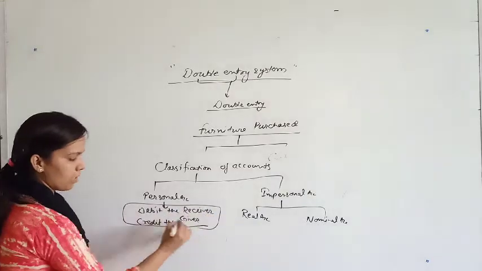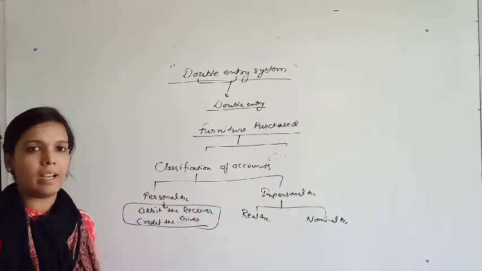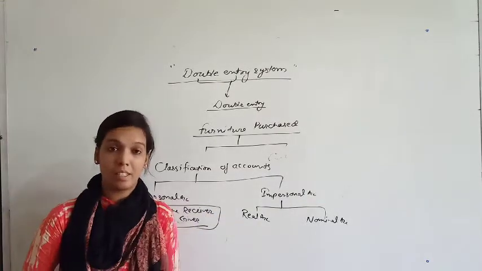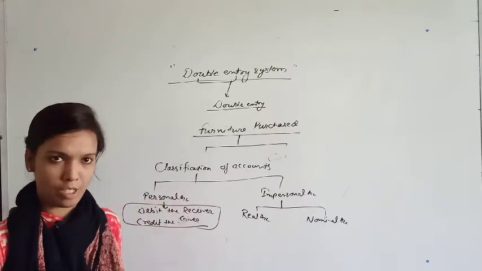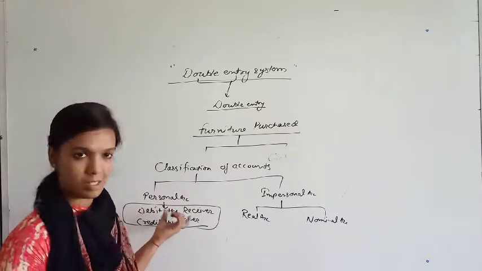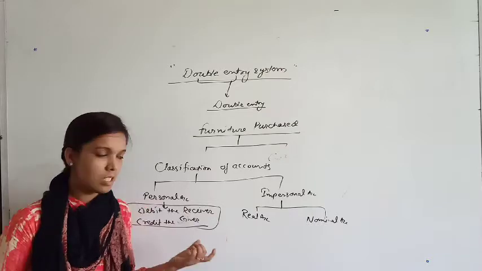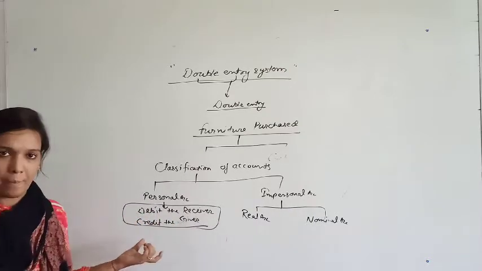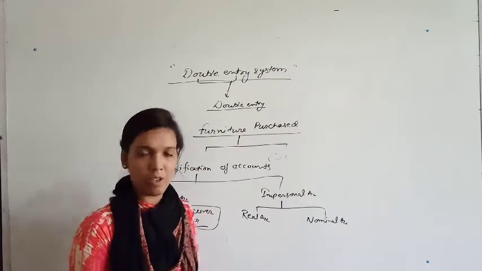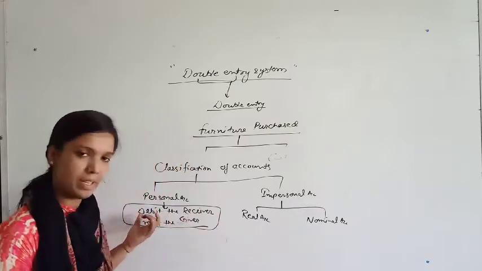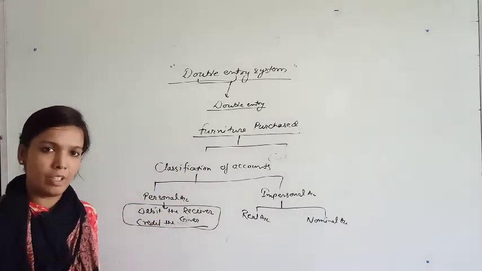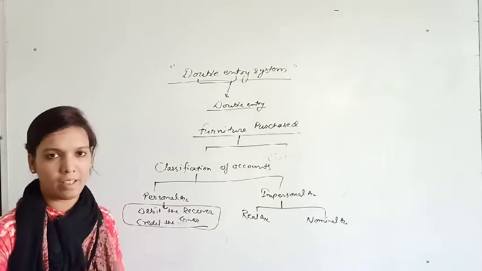This will be the rule of personal account. Debit the receiver and credit the giver. If there is the name of any person in the question, then in that condition the personal account rule will be applied on that, and the rule will be: debit the receiver. If any person is the receiver of the cash, he will be debited, but if he is the giver of the cash, he will be credited.